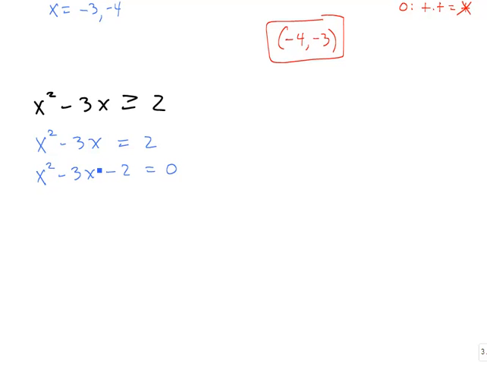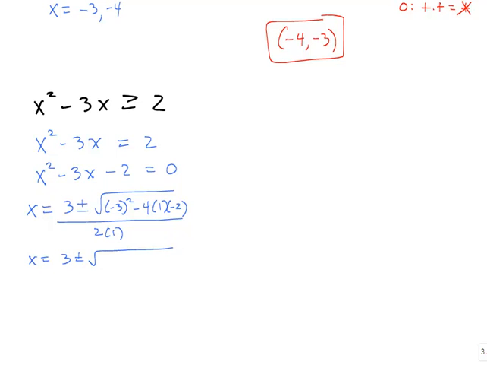So this doesn't factor, so we're going to have to set x equal to minus b, which becomes plus 3, plus or minus the square root of b squared minus 4 times a times c, all over 2 times a. So we get 3 plus or minus the square root of 9 plus 8 all over 2.